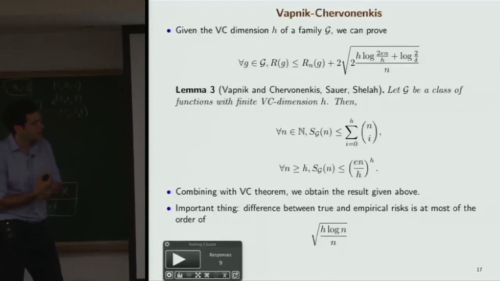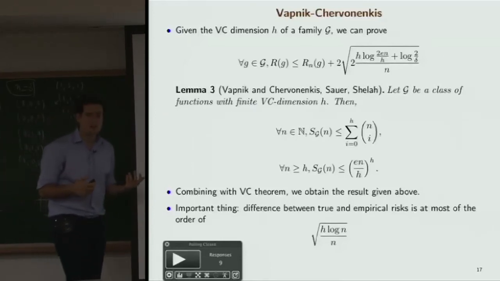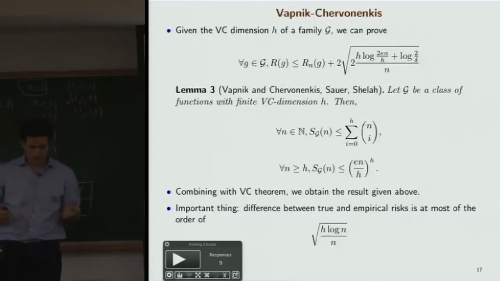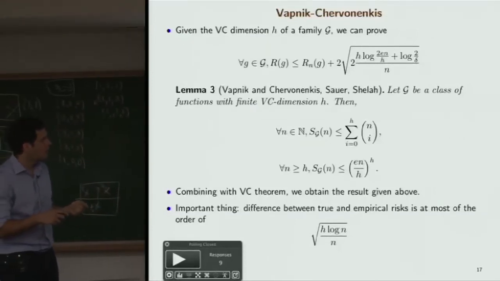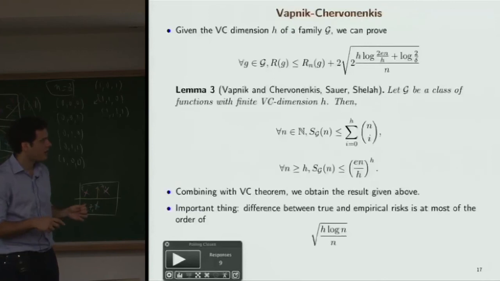And here you finally have access to a bound which is a bit more tractable, because you can see that h, at least in this case, we have been able to compute it. For linear classifiers, at least, we have been able to compute the VC dimension. And now we have a bound on the true risk with respect to the empirical risk and this VC dimension.